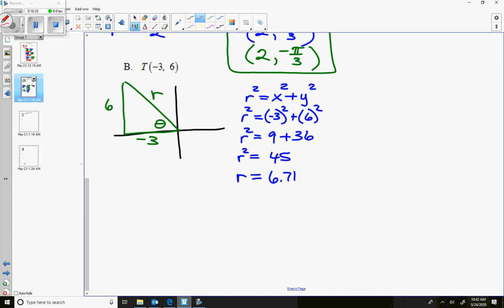Kind of the same idea for theta. We know it's going to be tangent inverse y over x. Now, here's where you have to be careful because your calculator is going to lie to you.